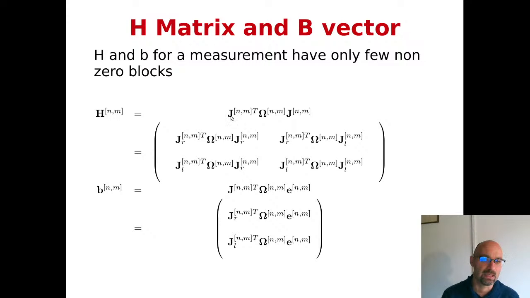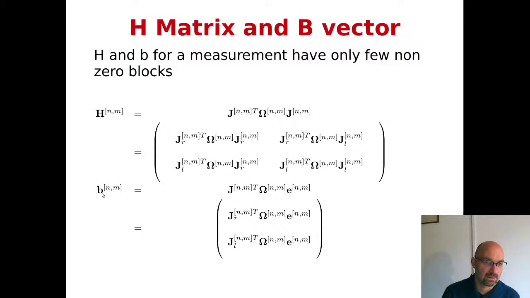Remember that J consists of many zeros, JR, many zeros, JL, and many zeros again. Once you do the products, you get the following structure, where you will have only 4 non-zero blocks. One corresponding to the robot contribution, one corresponding to the robot-landmark contribution, one to the landmark, and this is the transpose of this.